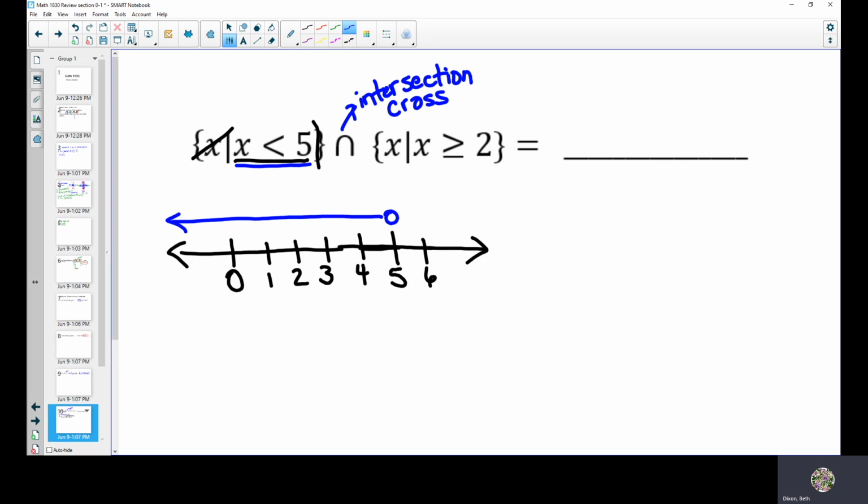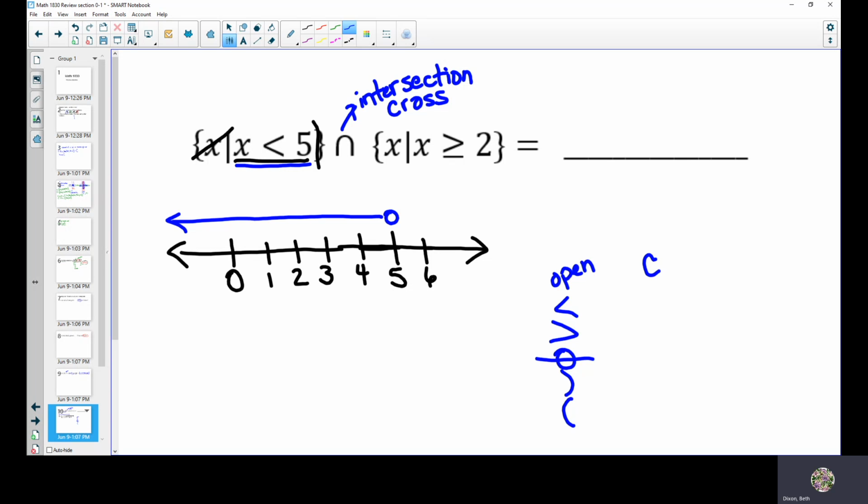Let me write you a little note here that less than and greater than do not have equals, so they get an open circle on the number line, and they get parentheses, either to the left or right, and these are called your open intervals.